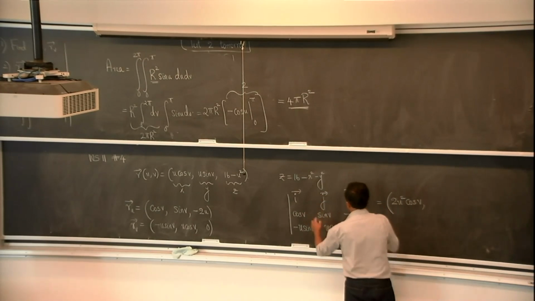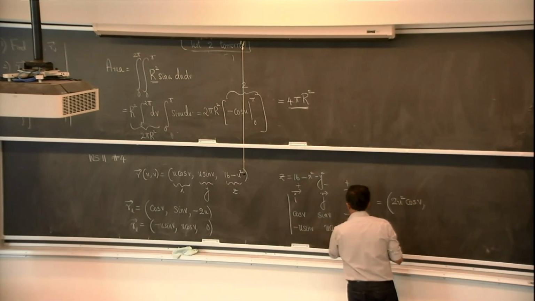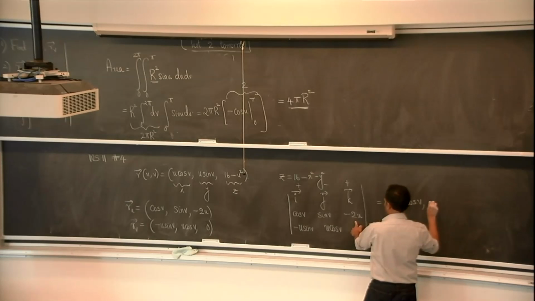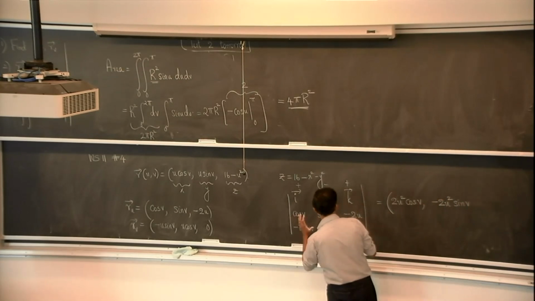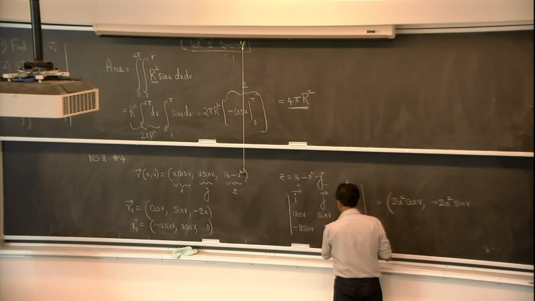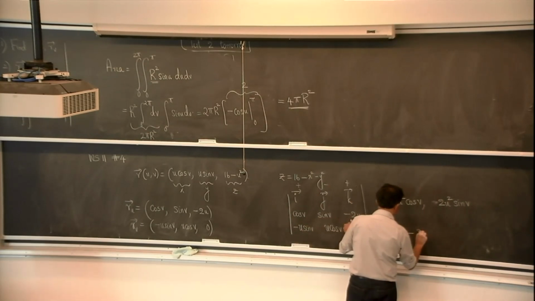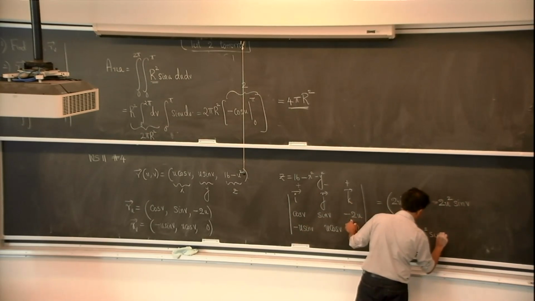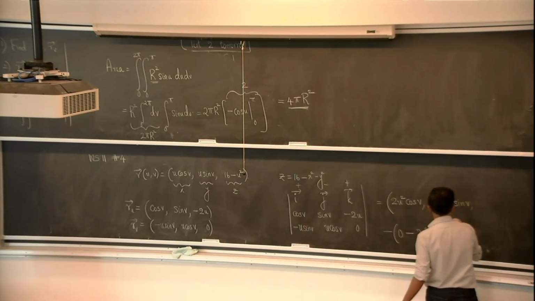Minus j times, remember that positive, negative, positive, minus j times 2u square sine V. So again, that's a positive, that's a negative, and then you have 0 minus 2u square sine V. I should just write it down instead of doing mental math. So it's 0 minus that, that's going to be positive, yes.